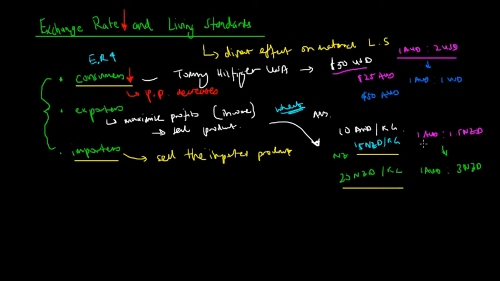So now we can see if the Australian dollar appreciates from 1 to 1.5 to 1 to 3, the same batch of wheat would cost 30 New Zealand dollars per kilo, and that's simply done by multiplying 10 here by 3.